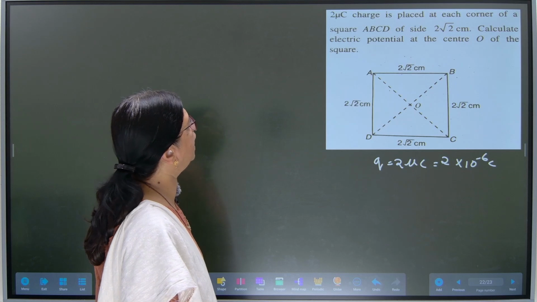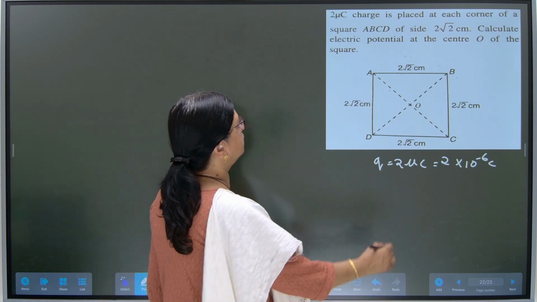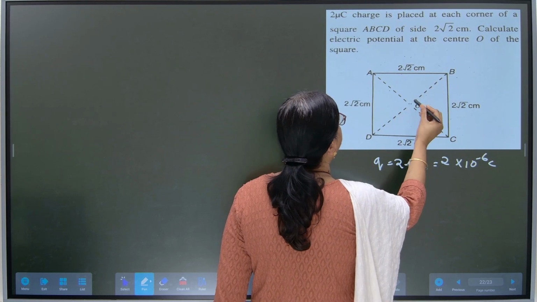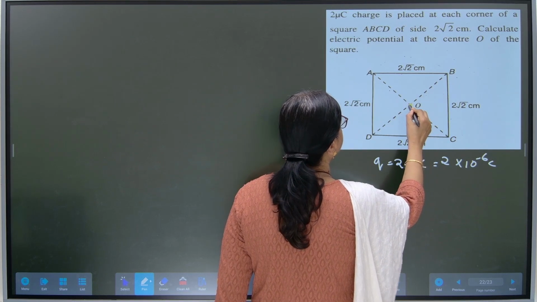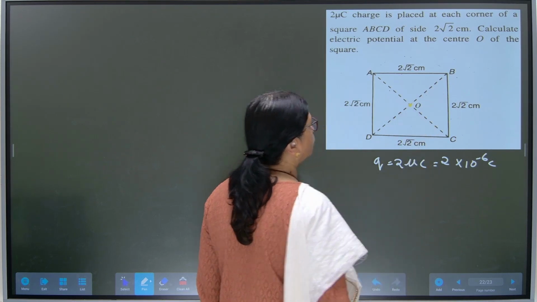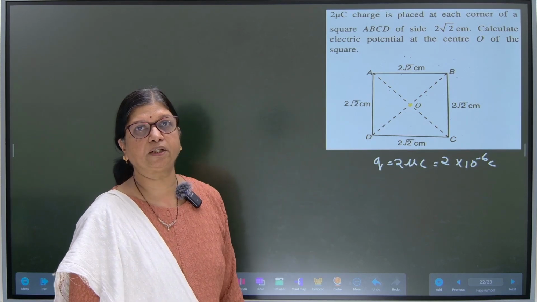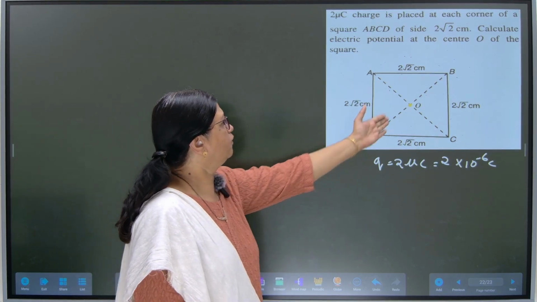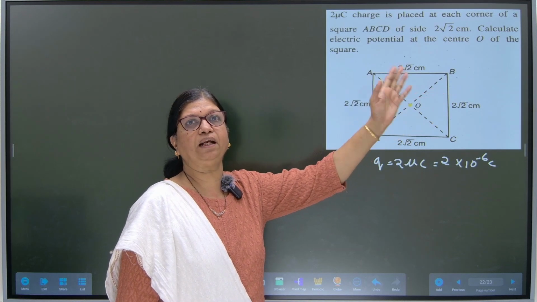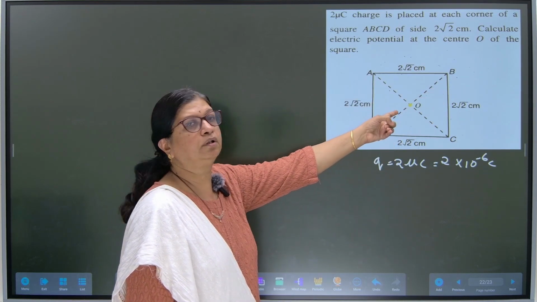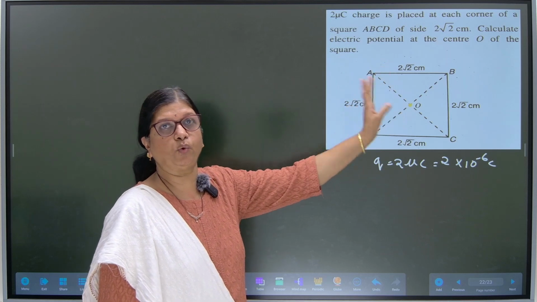Now here we have to first find out the distance from the center to the vertex. Using the Pythagoras theorem, find out the value of the diagonal and divide it by 2. Then you will get the values of OA, OB, OC and OD.